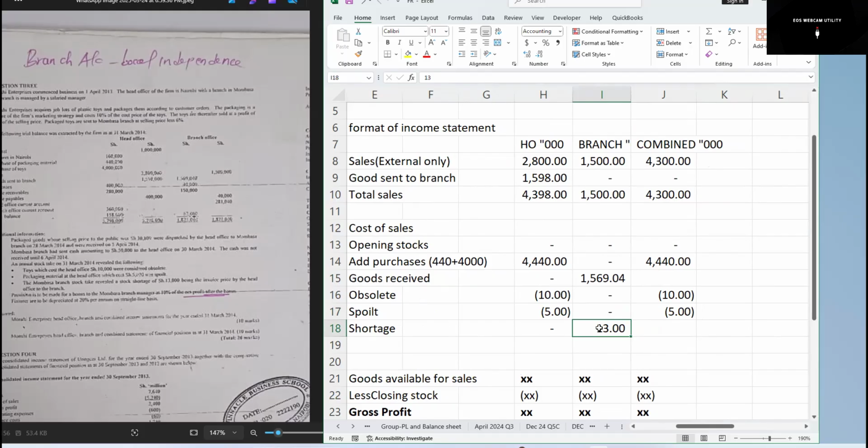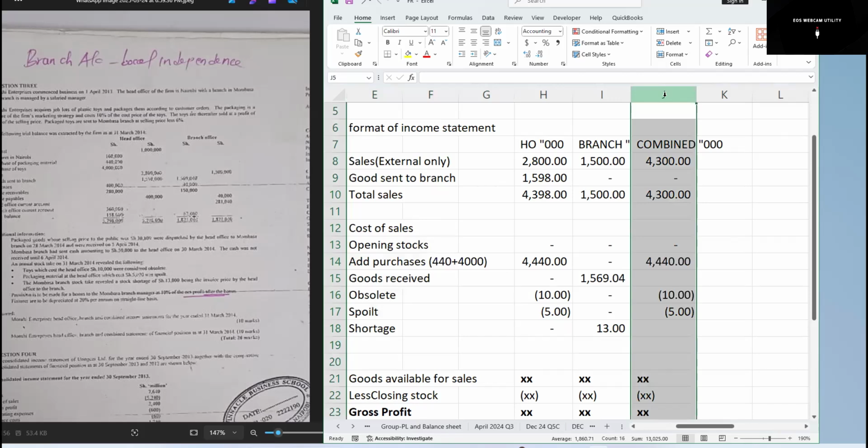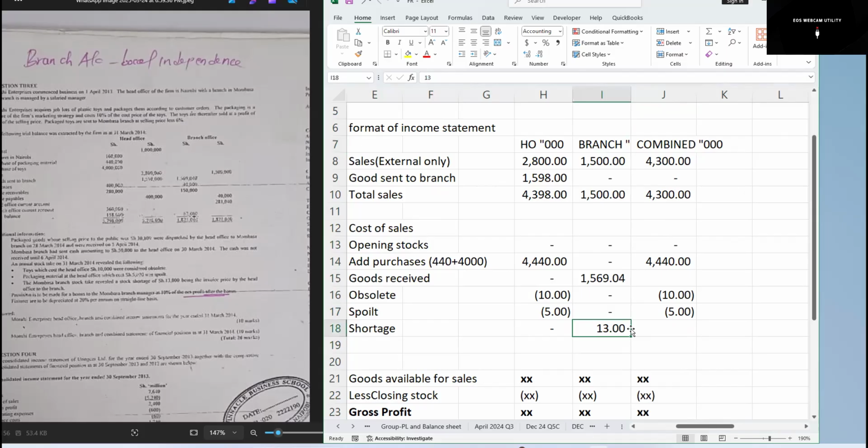So the first thing is that because this is the cost, we'll have to do the combine at the cost price also, right? And remember, all these are at an invoice price or at a selling price. So we need to get the cost so that we can combine here, because we cannot combine the cost and the selling price.